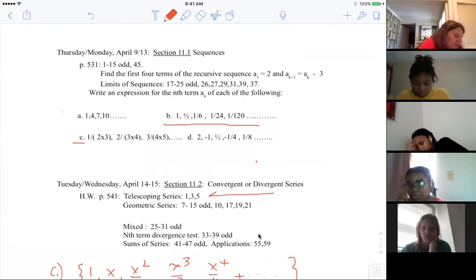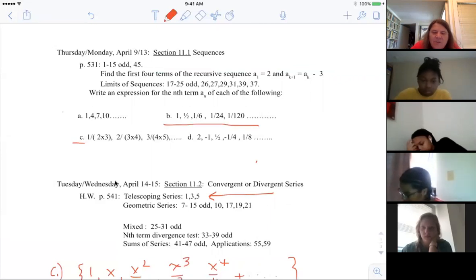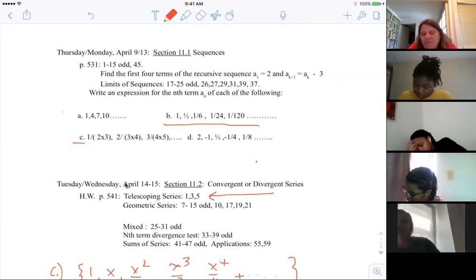These things right here are examples of the last thing I did. They're called telescoping series. If you write out all the Sn's, things collapse in the middle and you can take a limit. And that's what you want to do. So just 1, 3, and 5. That's it. You can work on those, get them done. Work on other things tonight.